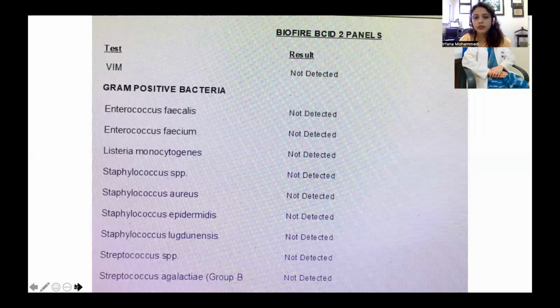When you have the BCID panel in your hand, you get the report within 2 hours of blood culture flagging positive. So it is saving 24 to 48 hours compared to Vitek 2 or MALDI-TOF.